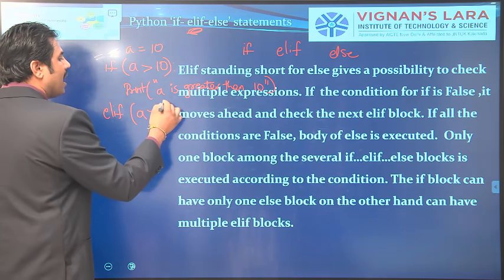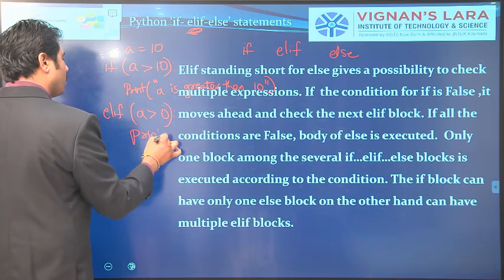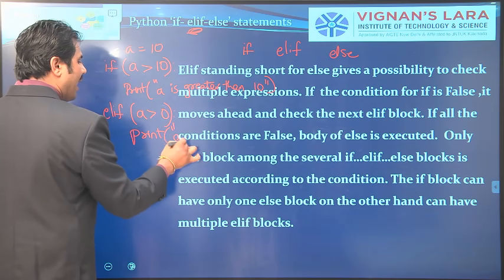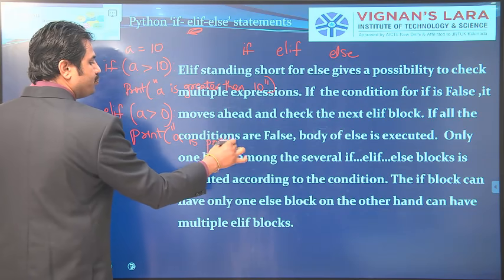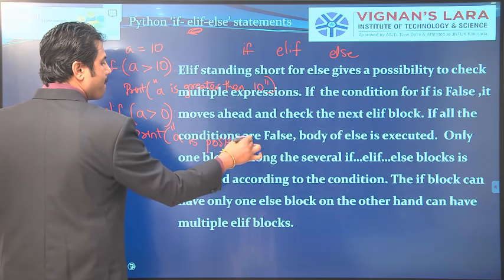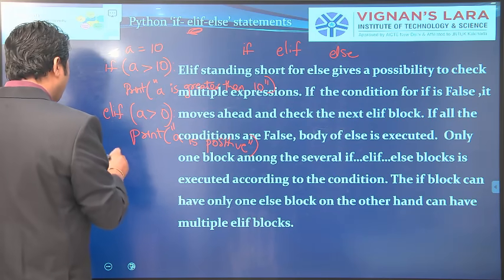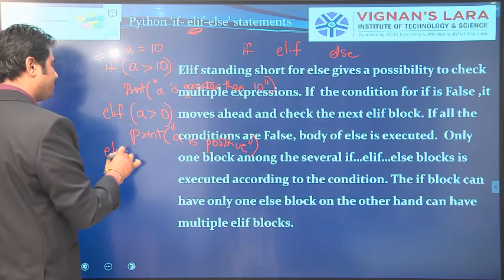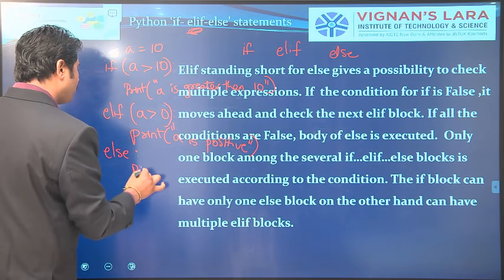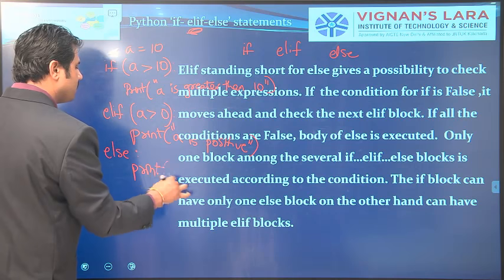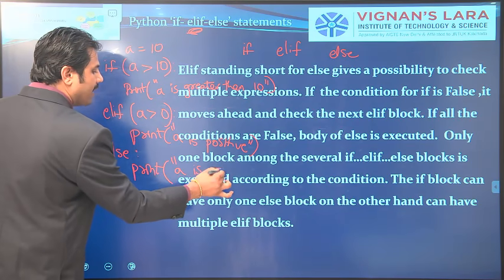Sorry, a is greater than 0. Print a is positive. No need to write semicolon, remember. Next, else. Else doesn't contain any conditions. Print a is negative.